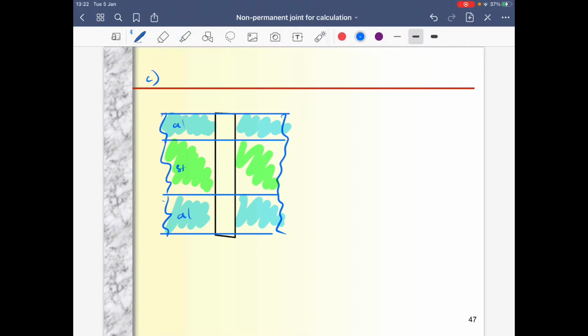Given in the question, the thickness of the first layer of aluminium is 10 mm, 30 mm for the steel, and this one is 20 mm.